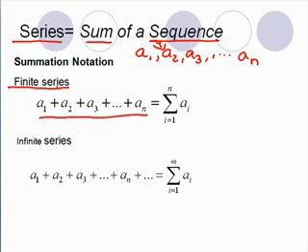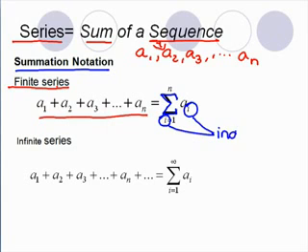One convenient way to write series is using summation notation. That's this symbol here that you see. This is called sigma. And this i down here is called the index of summation, and you see that i is present here too.